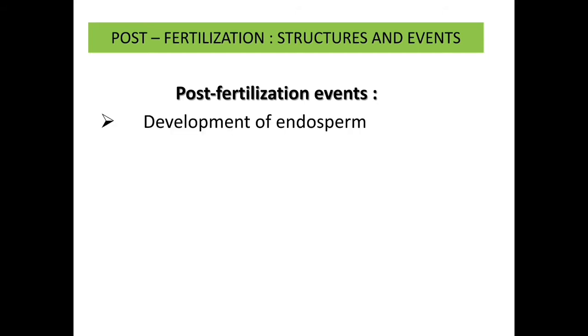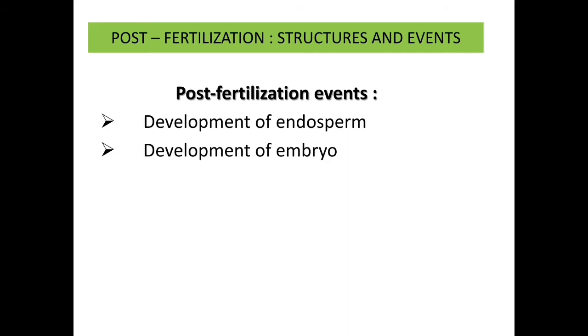Okay. So post-fertilization means after fertilization, what are the different processes or activities that are seen in flowering plants. So post-fertilization events consist of the following processes. Number 1, development of endosperm.